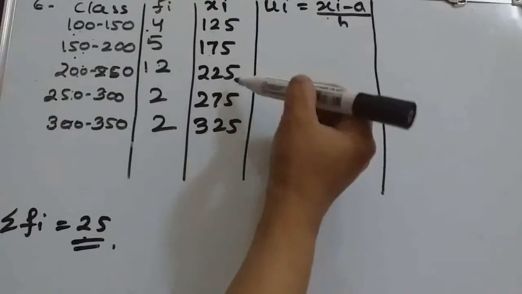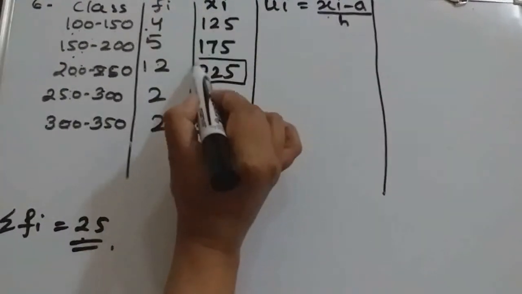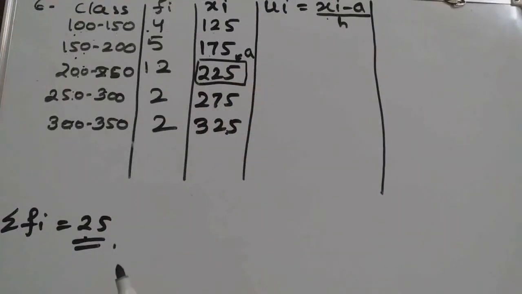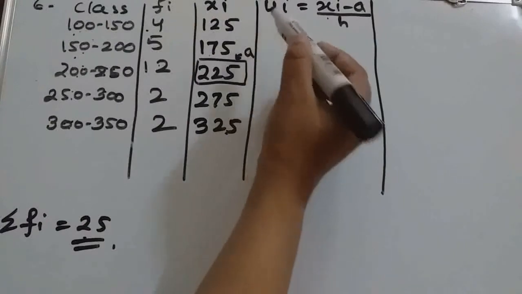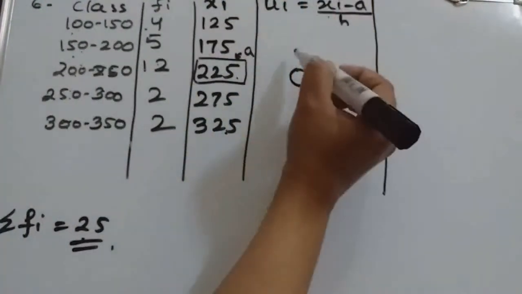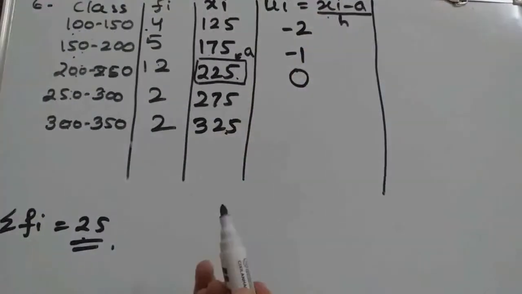Now how many observations are there? 5 observations. So the third value will be the mid value, which you can assume as a. Now how to write ui? In front of this a put 0. Above 0 all numbers will be negative starting from -1.